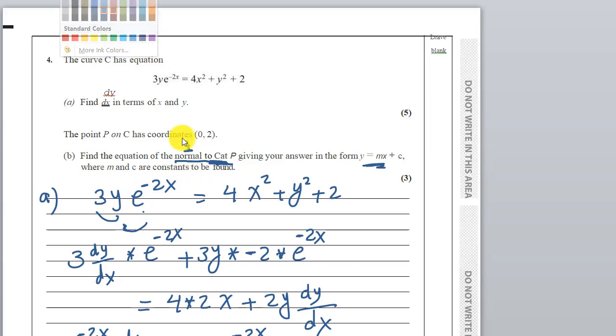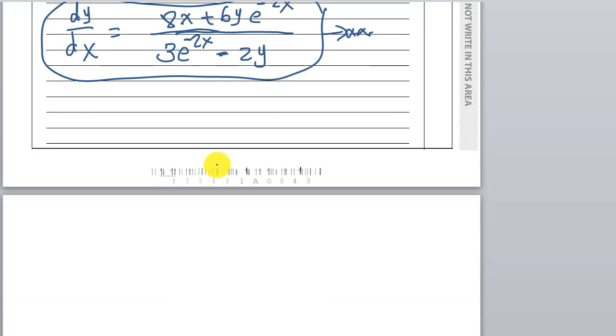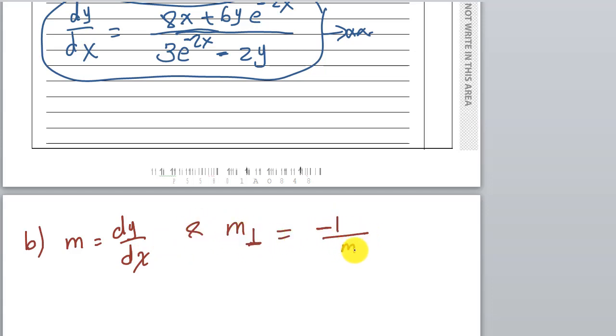Let us start to solve this part. We know that m, so this is part B, m is equal to dy/dx. And m perpendicular is equal to minus 1 over m. So let us find m first.